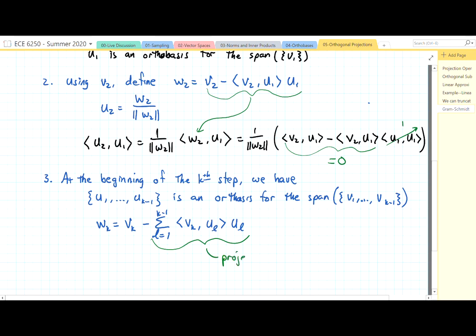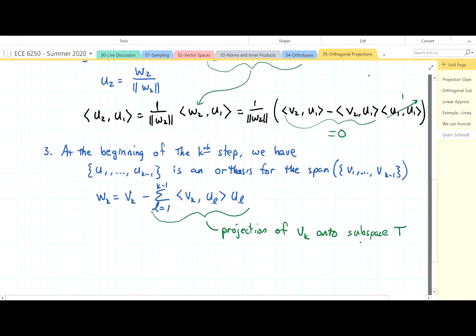Okay, so let's break this down just a little bit before we go on. This is the projection of vk onto subspace capital T sub k minus 1 spanned by just the vectors that we have so far.